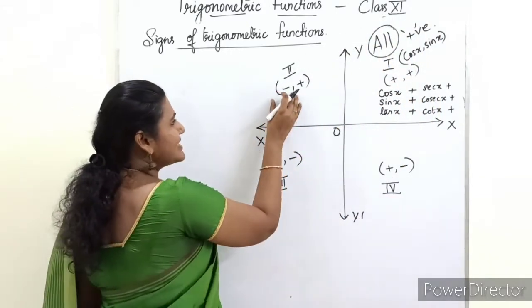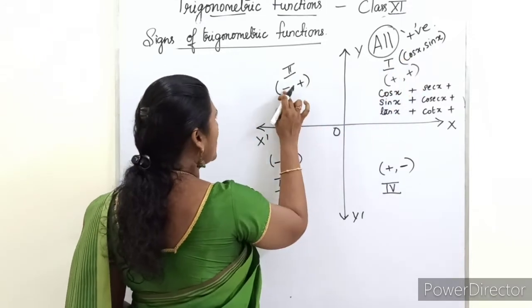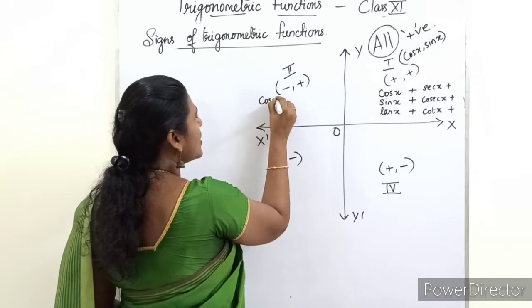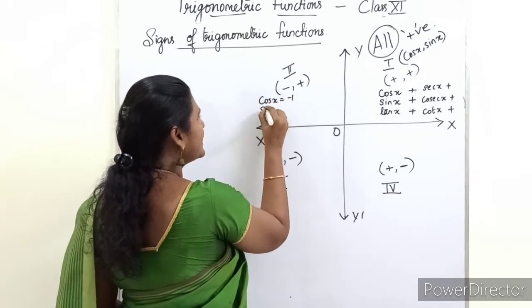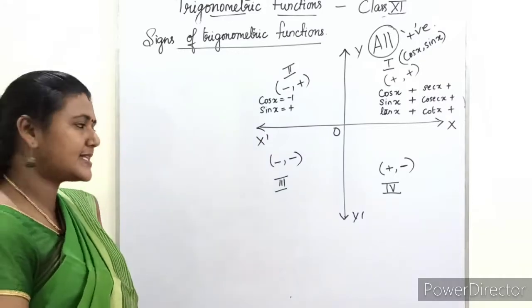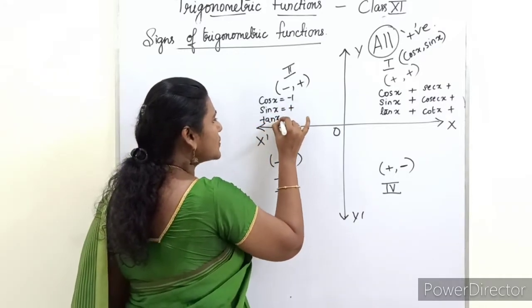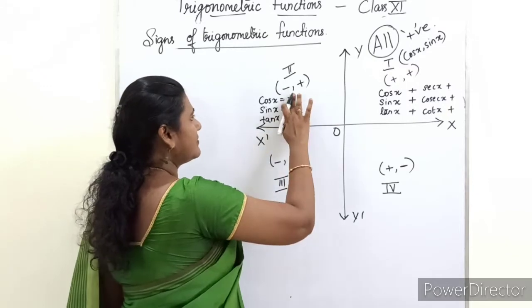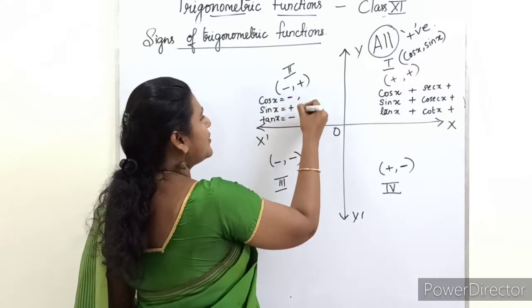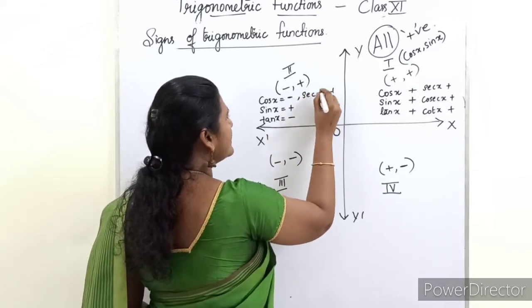Now we will move on to the second quadrant. Here the x coordinate is cos x, so cos x is negative but sin x is positive. So what about tan x? Tan is sin by cos, so tan is negative. And what about the reciprocals?